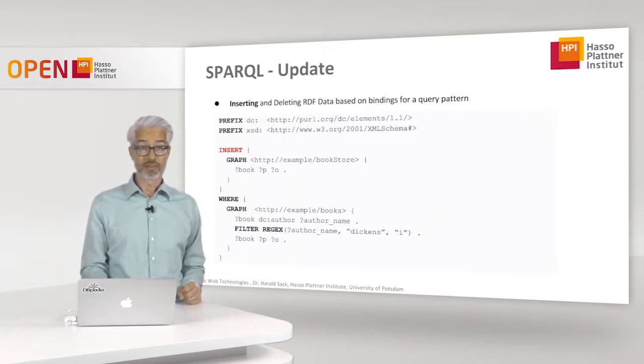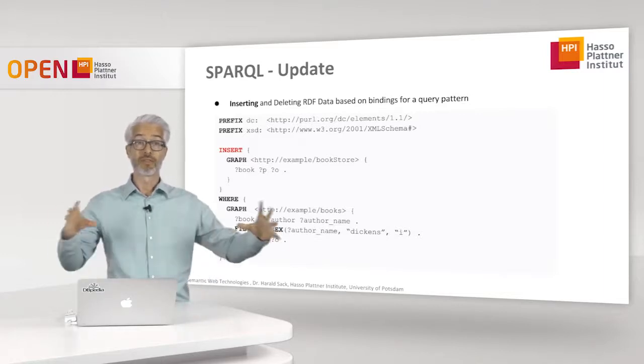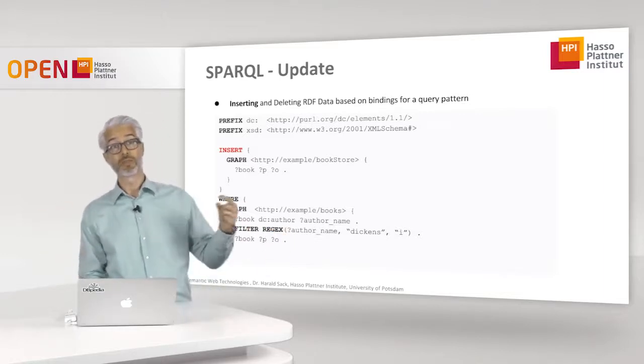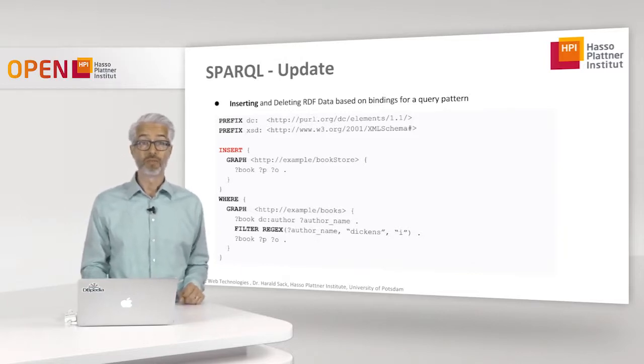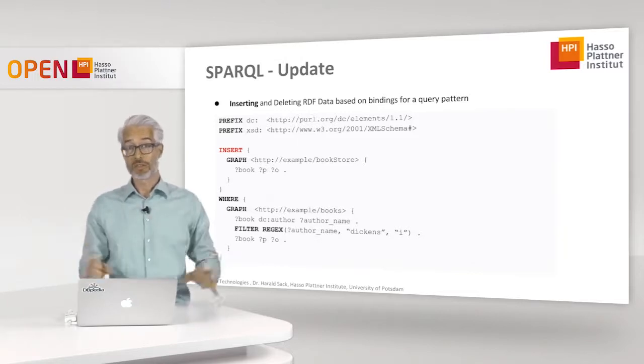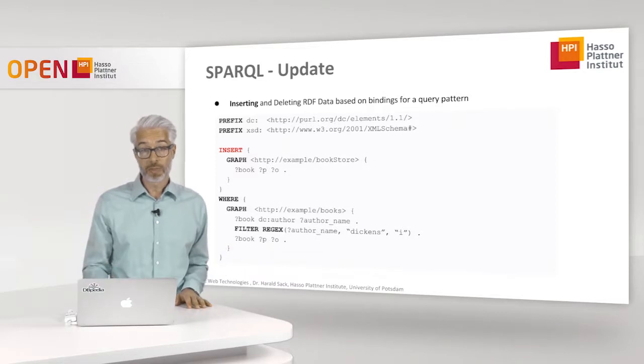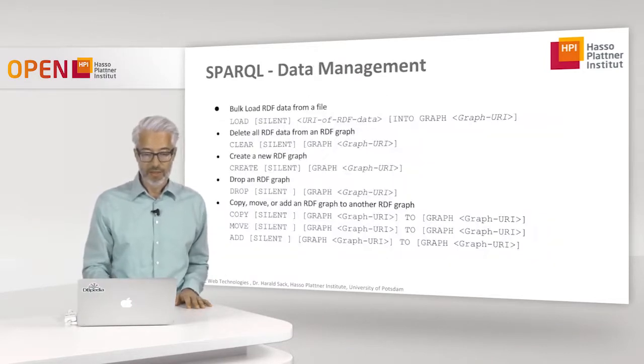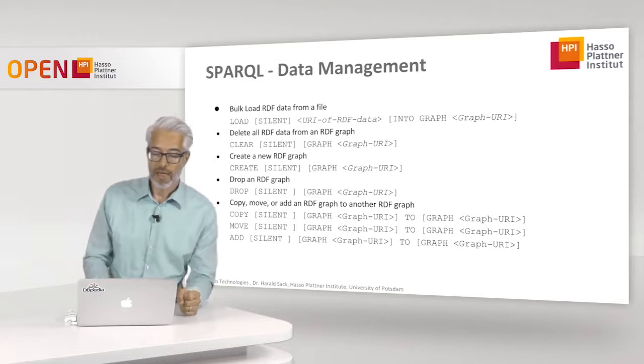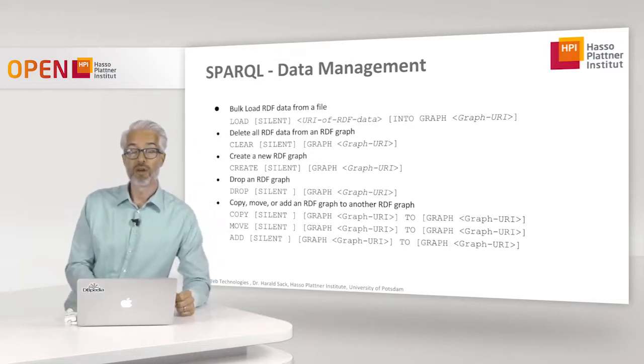Sometimes also it's interesting for you to bulk upload, let's say, an entire huge RDF file into a graph in a SPARQL endpoint, or you want to delete the entire content of a graph. And for this, SPARQL provides some additional commands that are available in the SPARQL data management language. So you see here, for example, for uploading RDF data from a file, you have the load command.